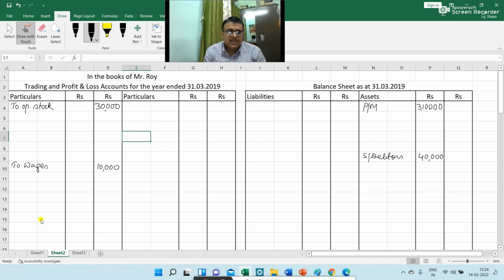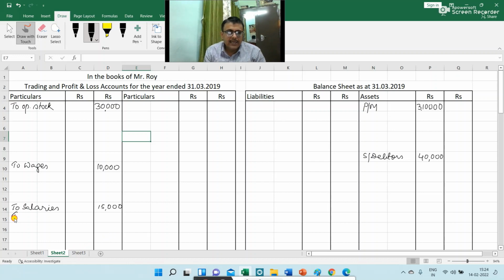Next is salary. Salary is a part of your profit and loss account. So I am writing here in the PL account salaries rupees 15,000. Next item is rent.